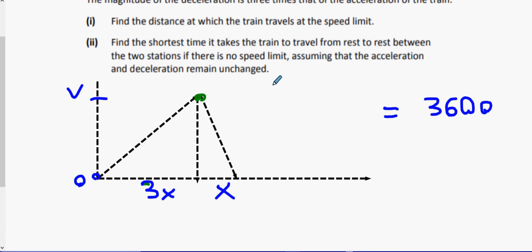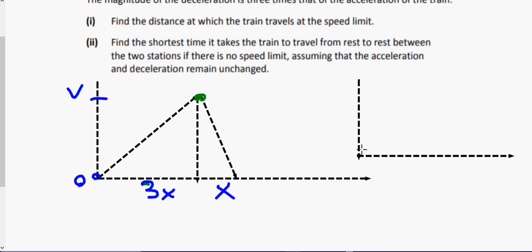Now, I suppose in the last question we could have actually found out what the deceleration and acceleration were. I sort of jumped into this question without really extracting all the information from the last part.